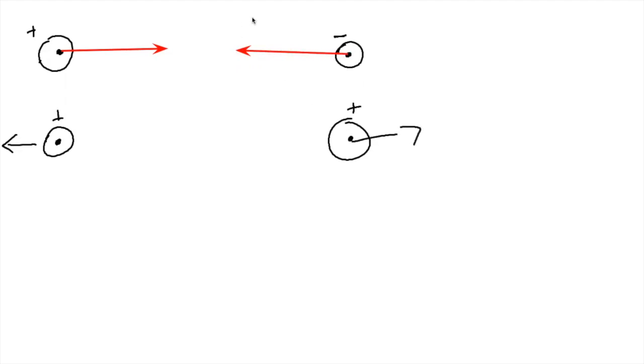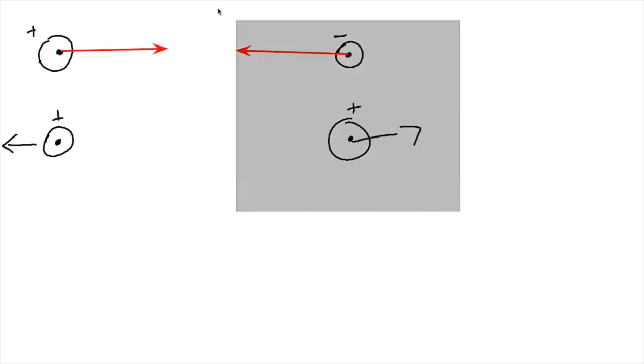Now, if I want to make an arrow to show the direction of their motion, if we have 2 charges, they're going to be attracted towards each other, right? But if we have a plus and plus, they're going to repel. This is plus and plus, and they are going to repel.